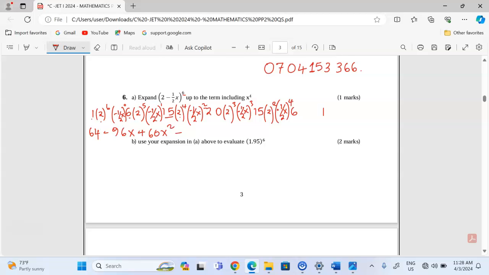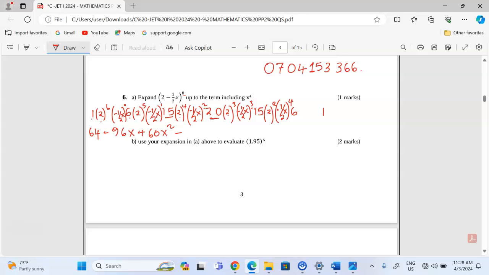Then the next will automatically be a minus. We start with 20. This is 2 power 3, which is 8. The negative half x power 3 remains negative because the power is odd. So negative half raised to power 3 becomes negative 1 over 8 x power 3.